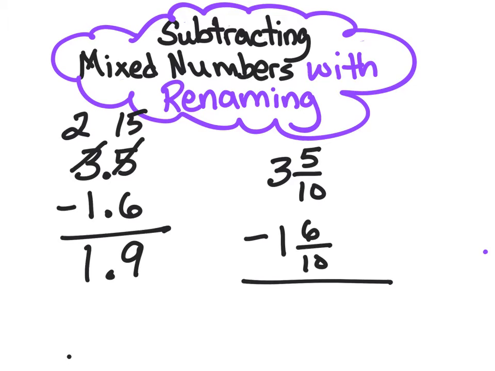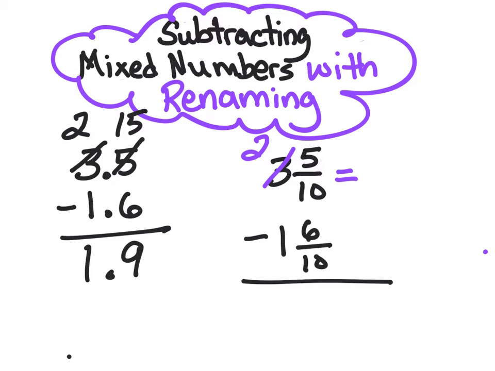To the right, we see the exact same problem. And we have to do the same steps. When I go to subtract the fractions, I cannot say 5/10 minus 6/10. So once again, I have to go over to the whole number place and borrow or regroup. If I take 1 away or borrow 1 from the 3, it becomes 2. I took away one whole.